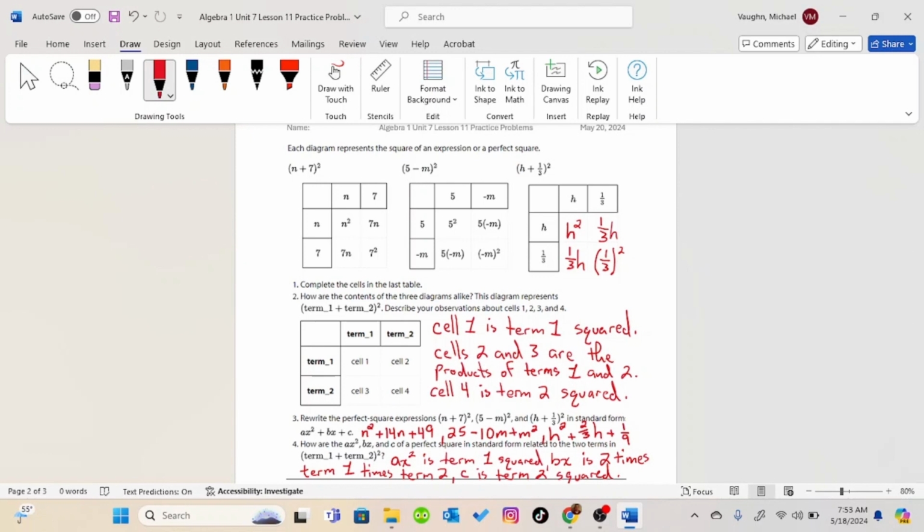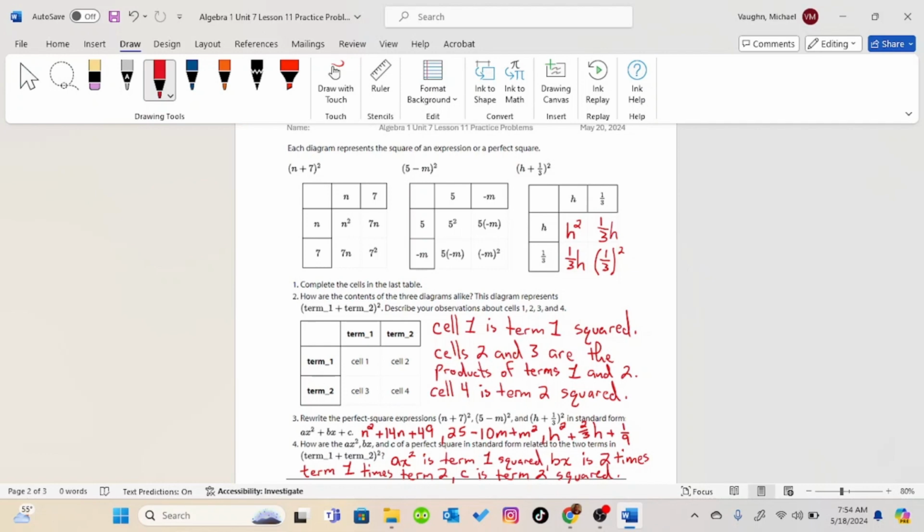So if you learn this idea that a perfect square is simply going to be the first term squared plus 2 times term 1 times term 2 plus term 2 squared, then you don't have to resort to FOIL anymore. FOIL would mean multiplying out the terms, combining like terms, and then getting standard form.